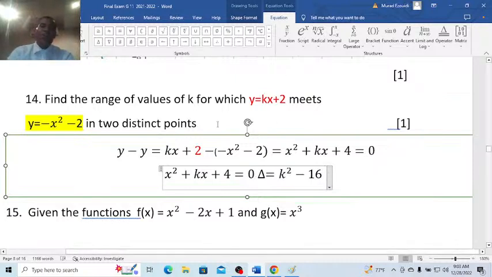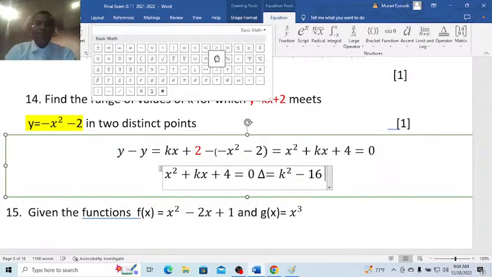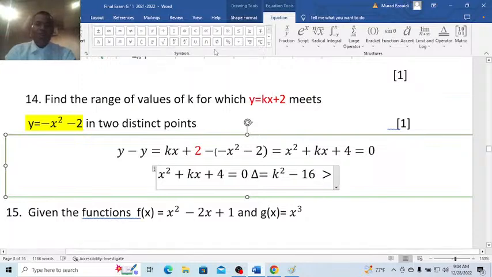Why? Because the question is to find the range of values of k for which y equals kx plus 2 meets y equals negative x squared minus 2 in two distinct points. The range is either between the roots or outside the roots, so this one should be more than 0.